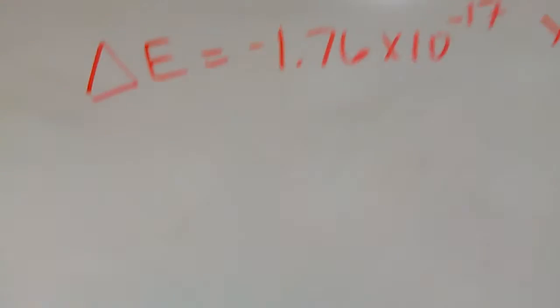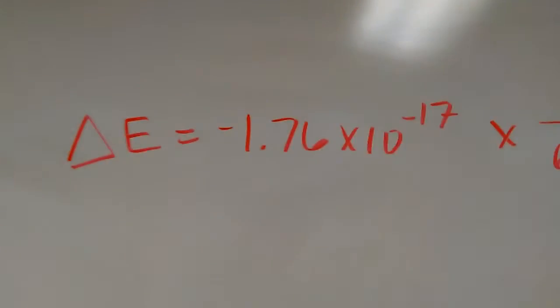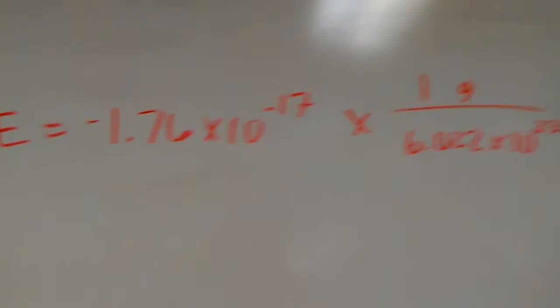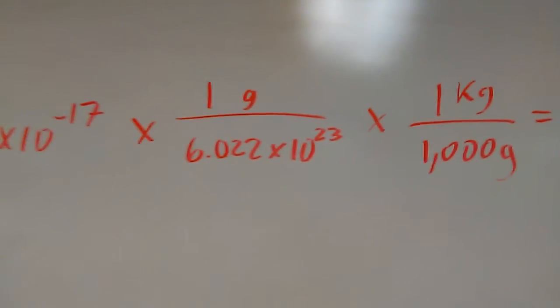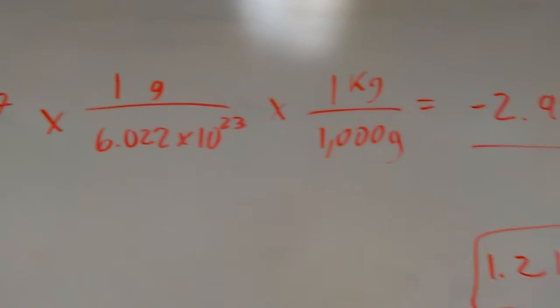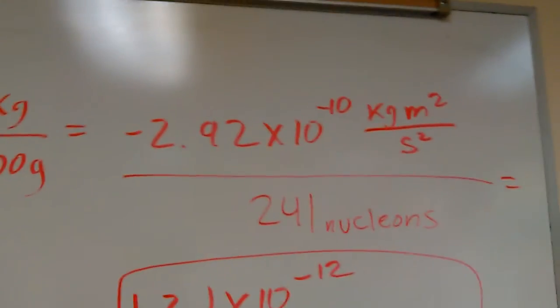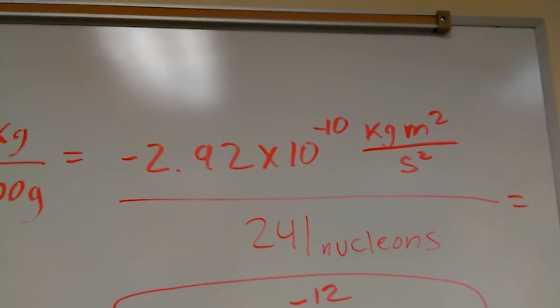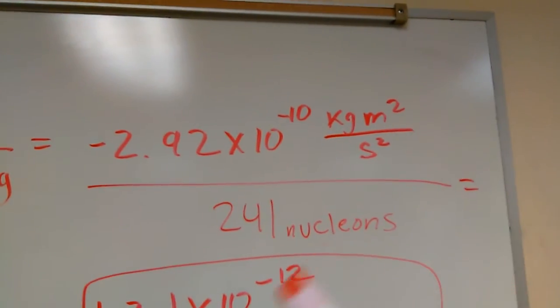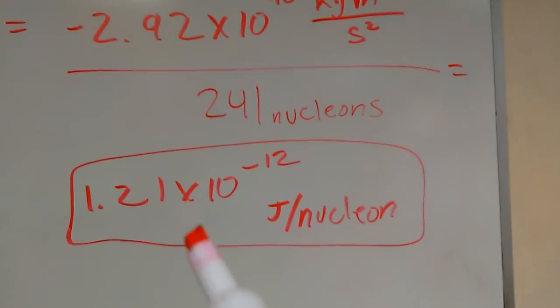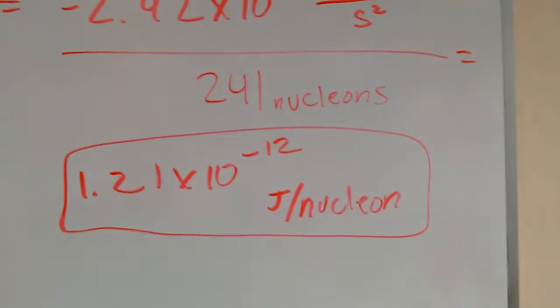Once that's done, you already know that your energy equals here, but you have to convert it to joules per nucleon. Do that by dividing by Avogadro's number and then dividing by another 1,000, which should give you a number here. Once you're done with that, you want to divide by your nucleons that's provided for you, and overall you will get your joules per nucleon.